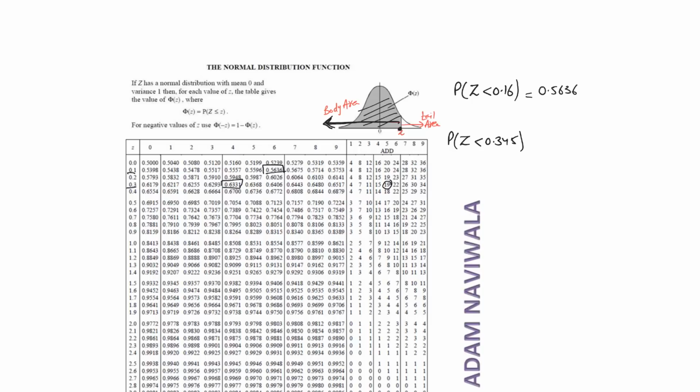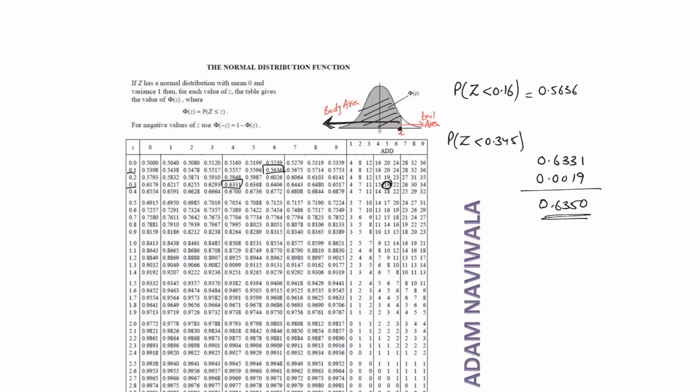So this means that you will have to add 0.0019. This digit is added to this value, so the probability comes out to be 0.6350.